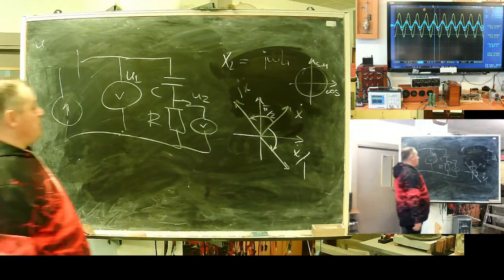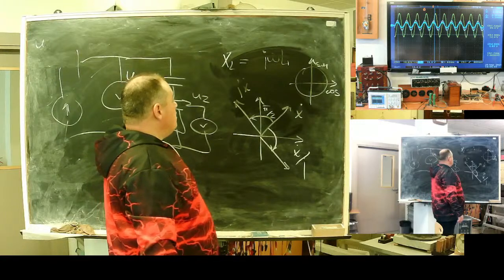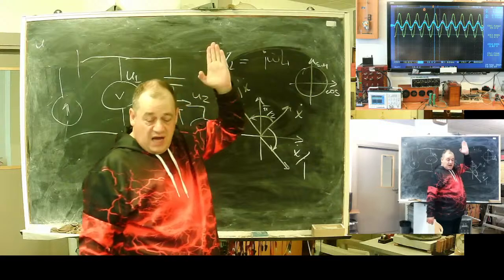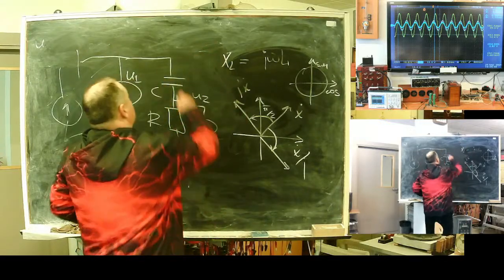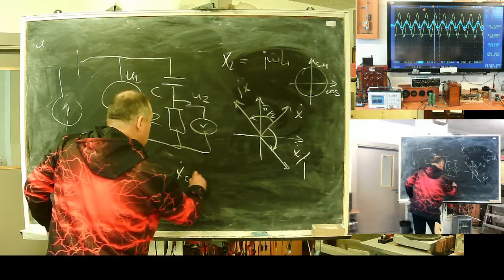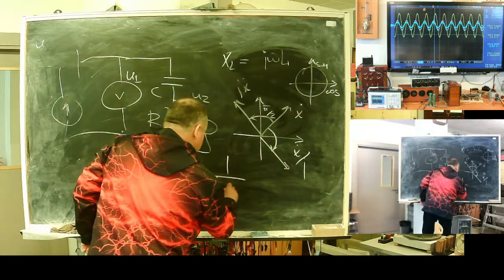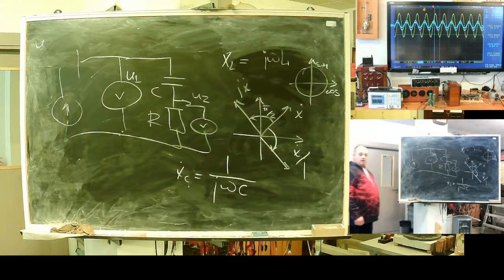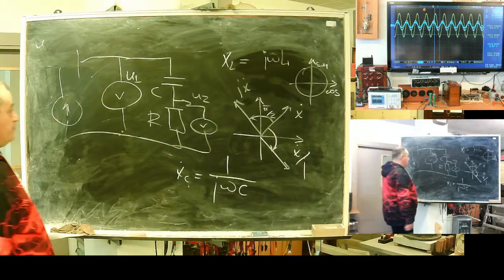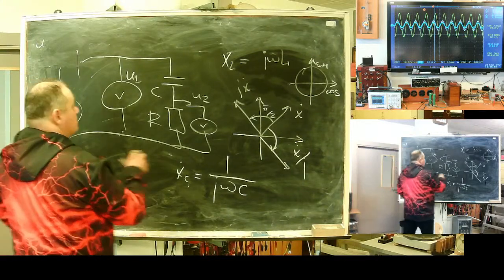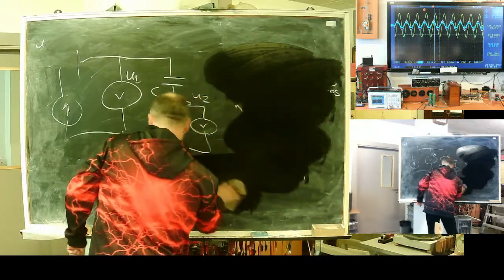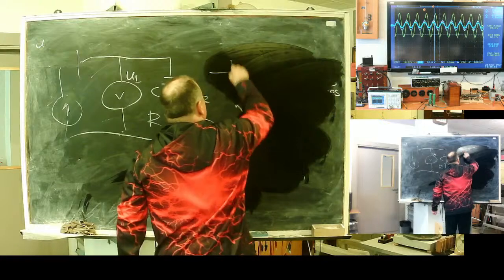So for the coil, j here will reflect this 90 degree turn. And for capacitance, imaginary resistance is introduced. One second, I will write it smoothly.